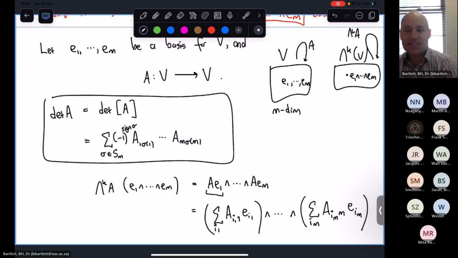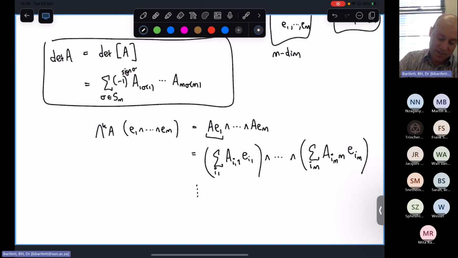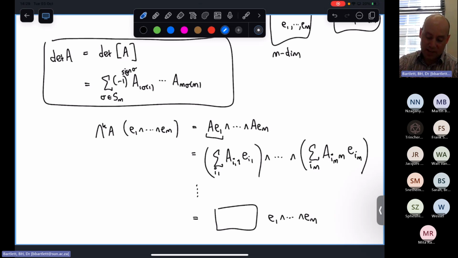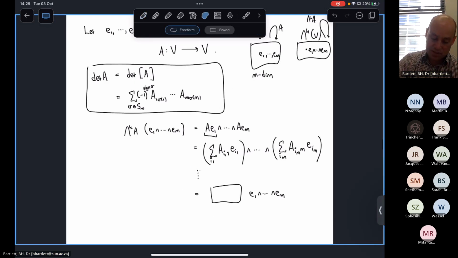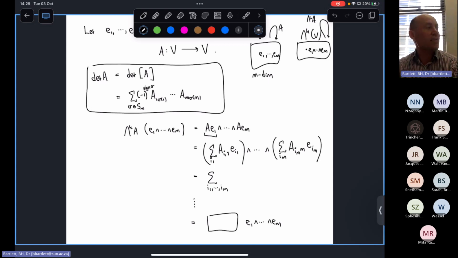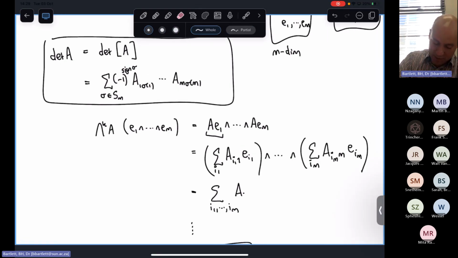Any comments? And now I've got to rearrange this. At the end of the day, I'm just going to get some number times this vector here. That's the only basis vector. See, what's going to go on here is we're going to get a bunch of terms. Let's just carry on. So if I get a sum over R1, sum of all possible indices there, and then I've got this going on here.